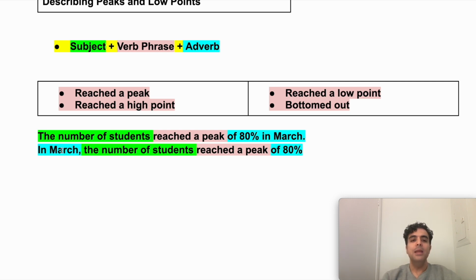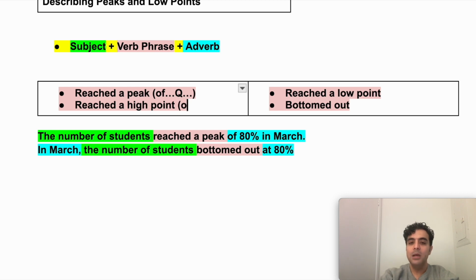So here we have in March, the number of students. And so we want to go with a different structure. This time we're going to say the number of students bottomed out. But the preposition for bottomed out is no longer of. It's actually at, right? If you want to know what the prepositions are, the preposition for reached a peak is of, right? So reached a peak of, and then go ahead and mention whatever quantity it is.